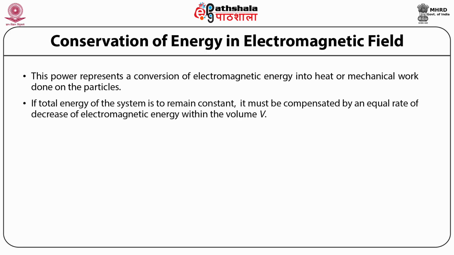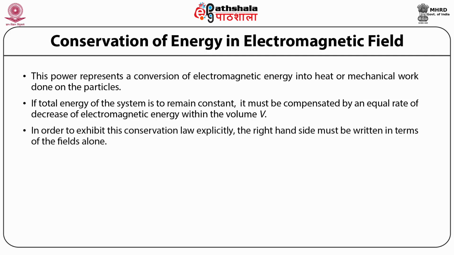So if the total energy of the system is to remain constant, then this conversion must be compensated by an equal rate of decrease of the electromagnetic energy within the volume V.